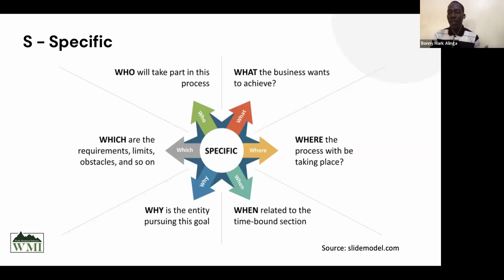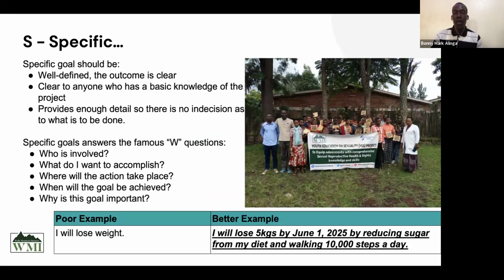So this comes with, number one, being very specific with your vision, what you want to do within your entity. Because specific goals help you define the outcome and give you clear direction on where you are and how you're going to achieve it. Specific goals should be clear to anyone with the basic knowledge of the project or the business or the initiative that you're having.